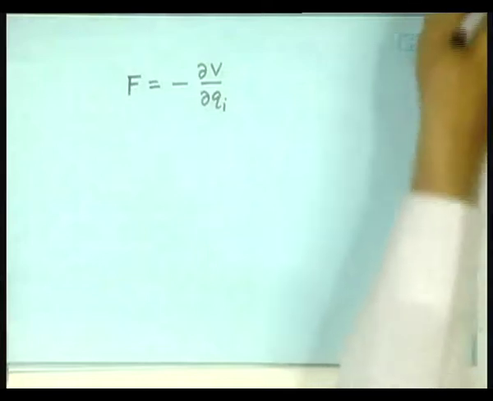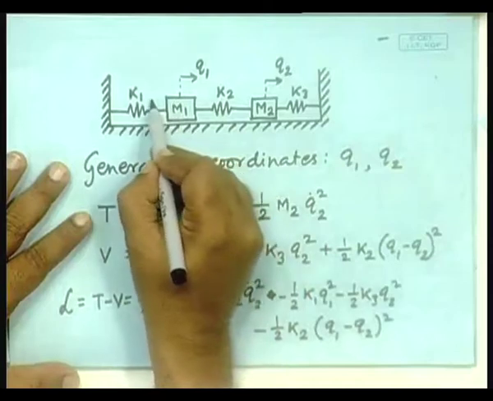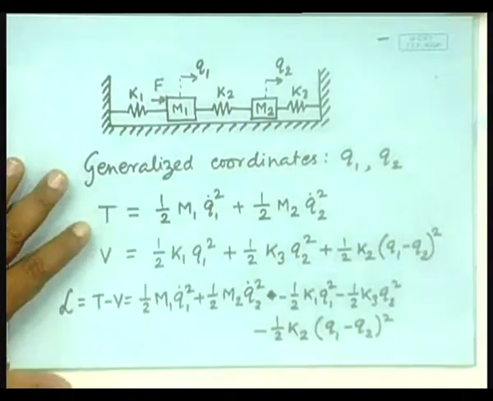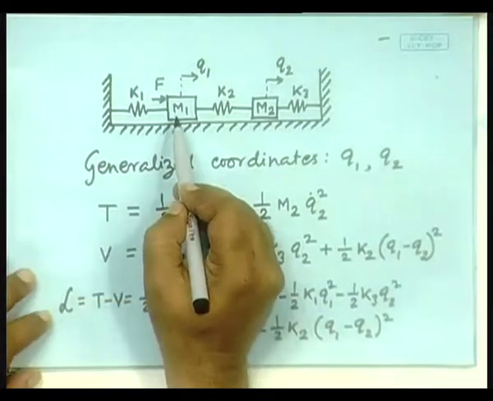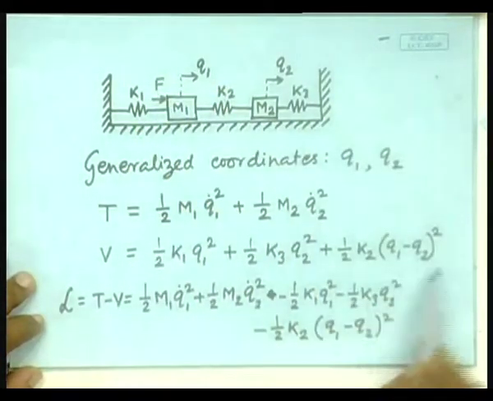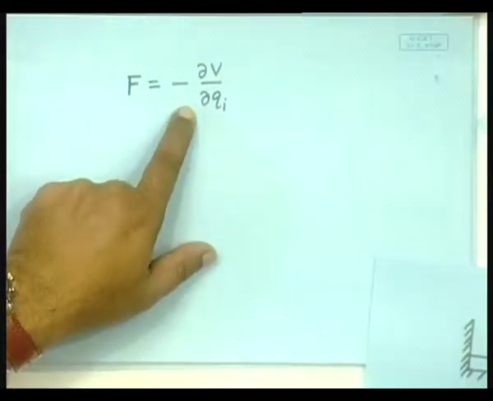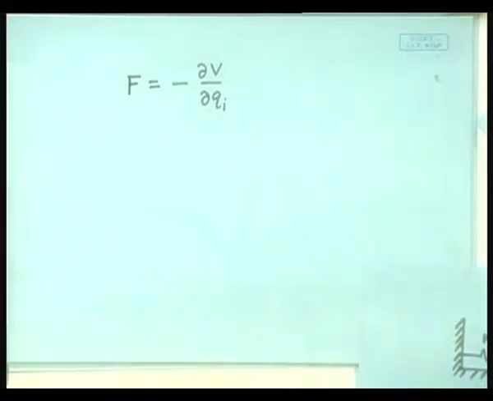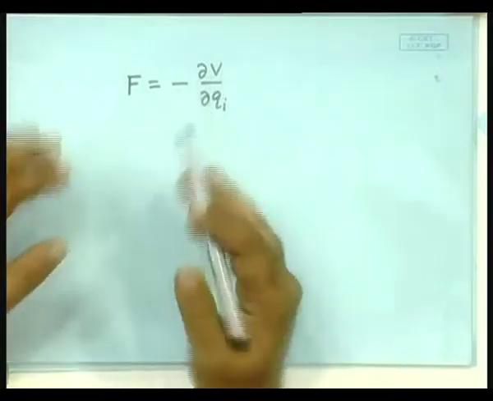Now, suppose I am applying some kind of force here, F. That force could be a sinusoidal forcing function or something like that, but somebody is applying a force here. Can that force somehow be included in the potential so that this is valid? Yes, that is true. Even if there is an externally impressed force, the system is conservative in the sense that it can be expressed in this form. But how?